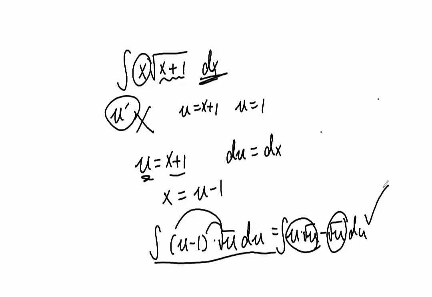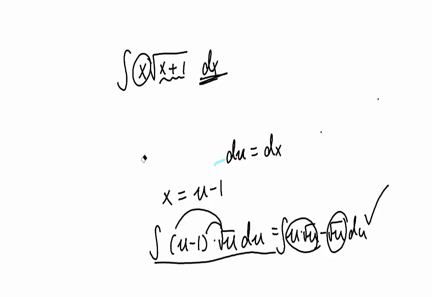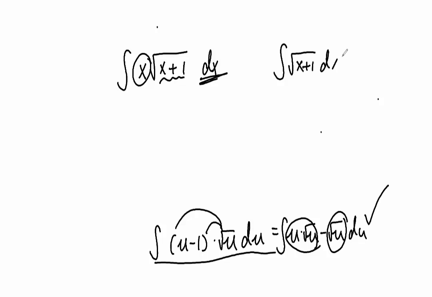Now let's say, can we do integration by parts? When we do integration by parts, it's very important which one is going to be our u and which one is going to be our dv. If I have this by itself, we know how to do it.